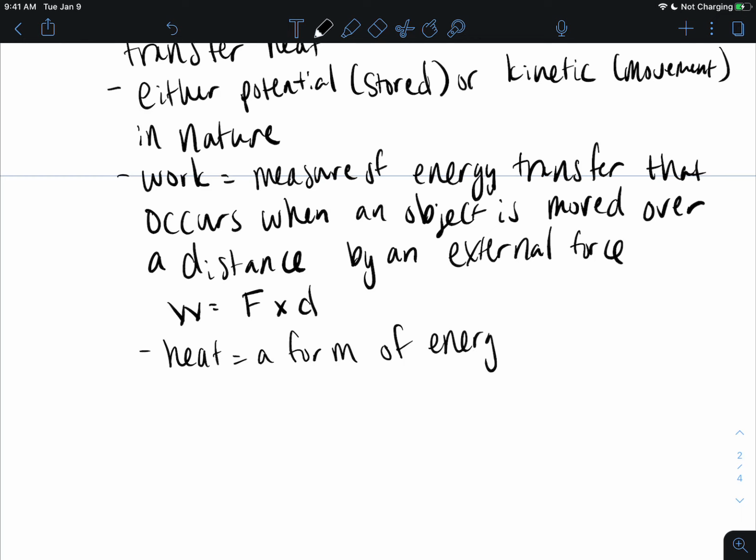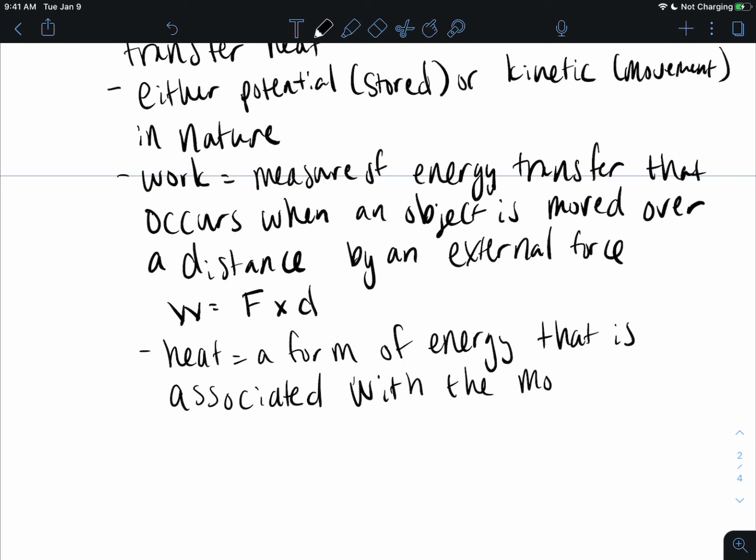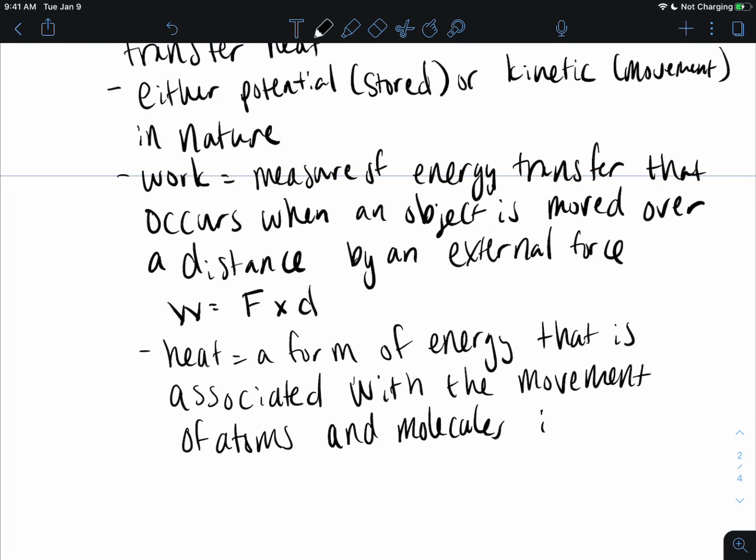that is associated with the movement of atoms and molecules in any material.